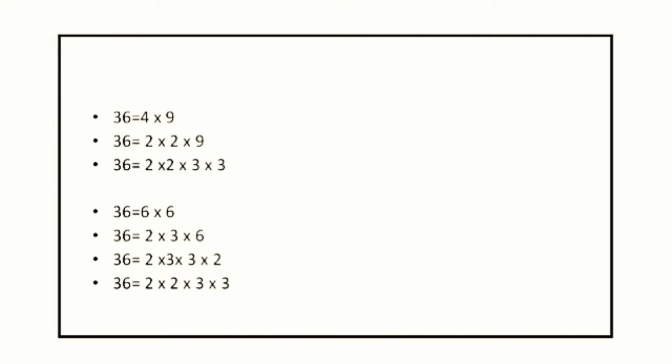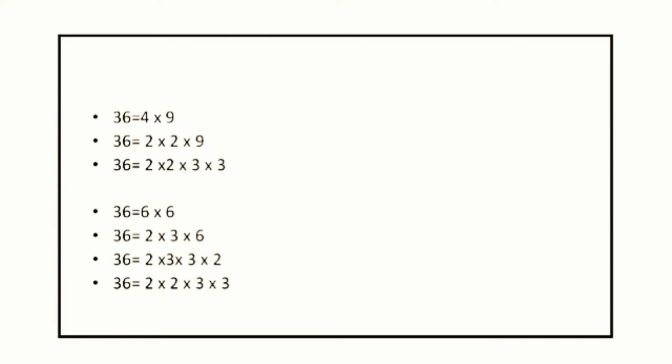Now, moving on with the next categorization, 36 can be expressed as the product of its factor 6. 36 equals 6 into 6. Now, 6 can be written as 2 into 3, and hence 36 equals 2 into 3 into 6.